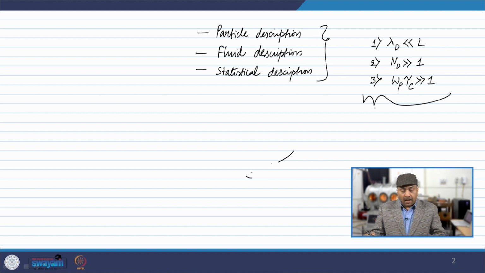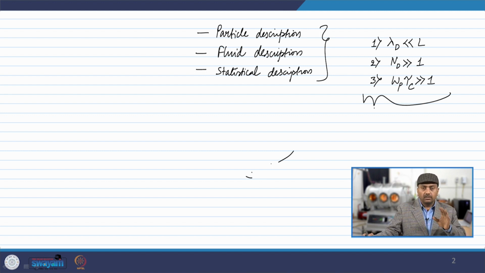Now, coming back to the particle description of plasma, when you have a very small number of particles per unit volume, let us say electrons or ions, charged particles per unit volume, or when you simply say that the density of the charges is very low, we can then say that single particle trajectories are relevant.